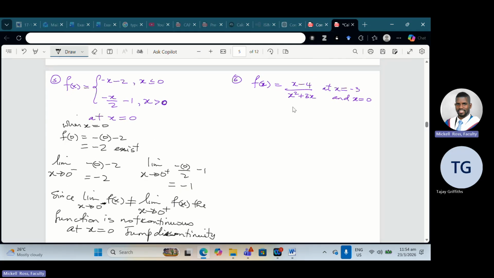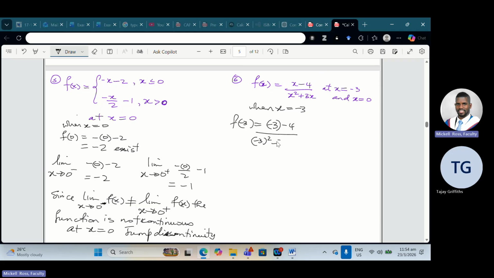And over here now, when x is equal to negative 3, f of negative 3, that's going to be negative 3 minus 4 over negative 3 squared plus 3 times negative 3. That's going to be negative 7 over 9 minus 9, which is going to be negative 7 over 0, undefined.